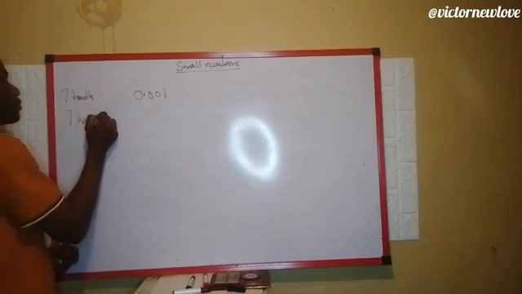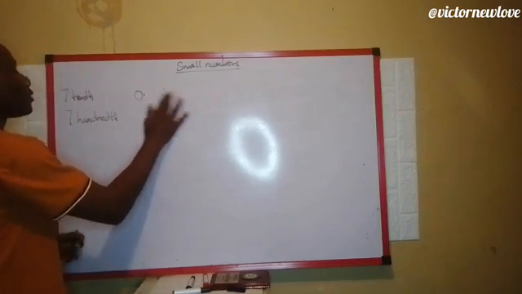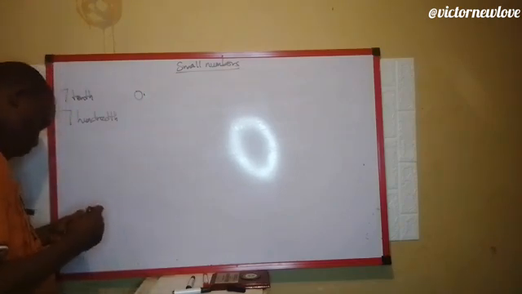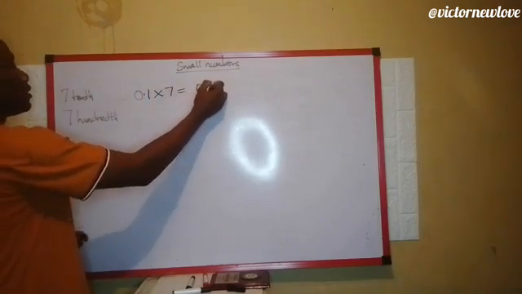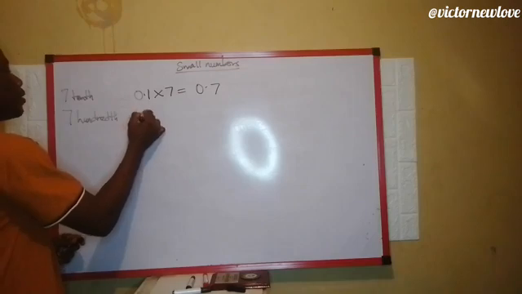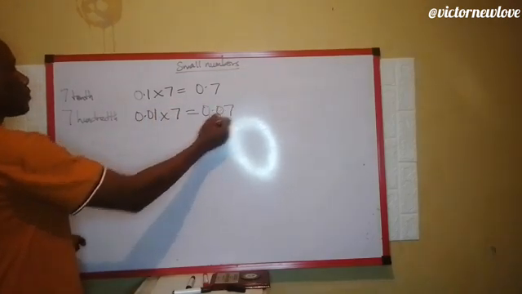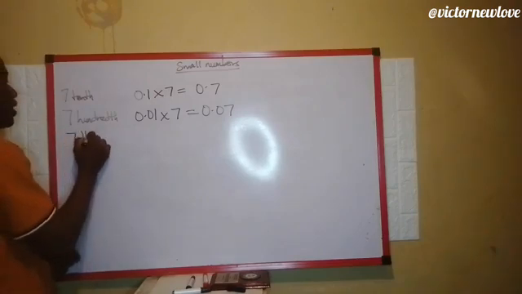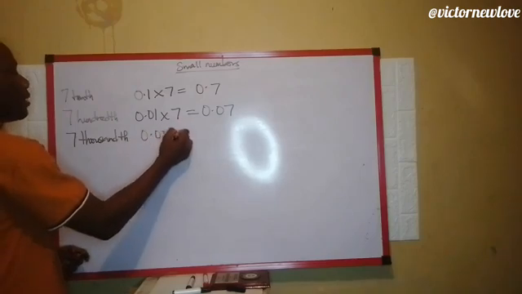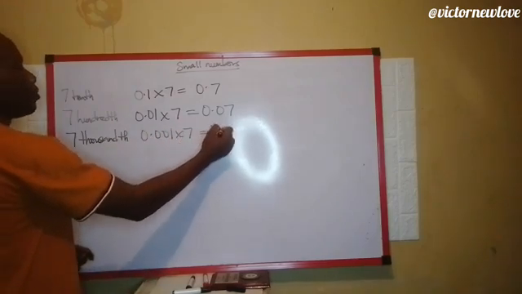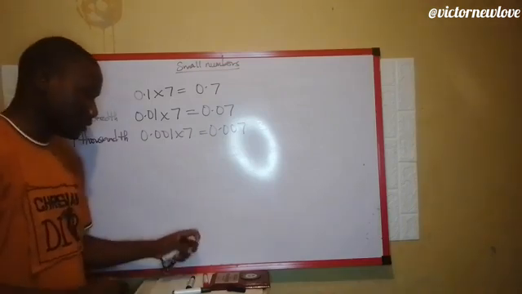For tenths, you are working with 0.1. So you multiply 7 by 0.1, which is 0.7. For hundredths, you are working with 0.01, multiplied by 7, which gives you 0.07. For thousandths, you multiply 0.001 by 7, which gives you 0.007. Take note of this important point.